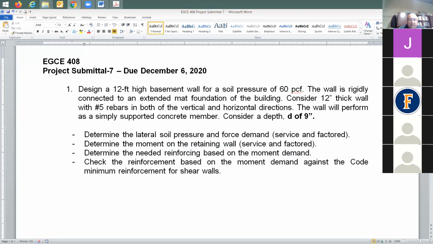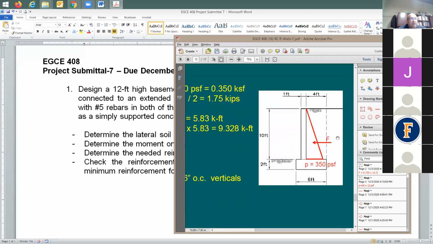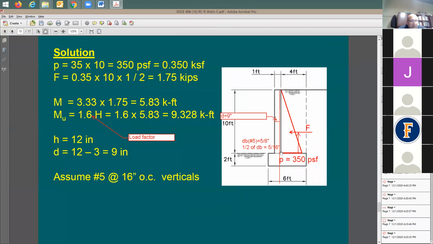I'd like to hear questions from you. Professor, for the force demand, can you explain again why we divide by 2? Good question, thank you. Look at this example here. The pressure at the bottom here, let's say 350, right?